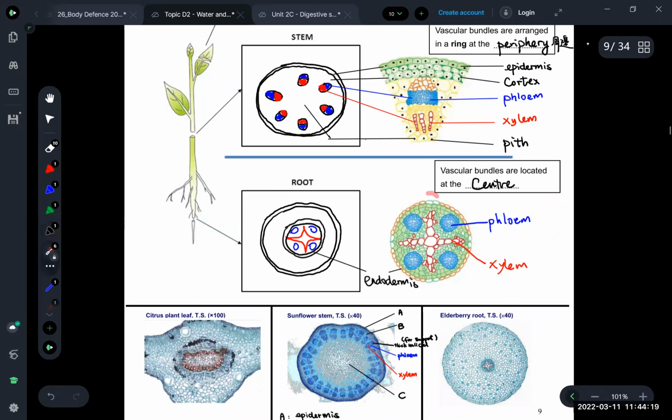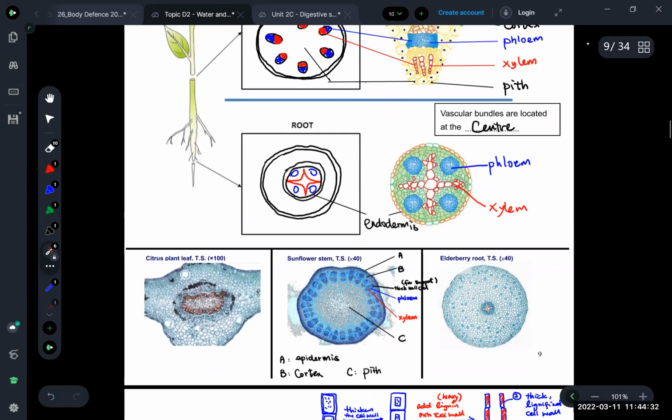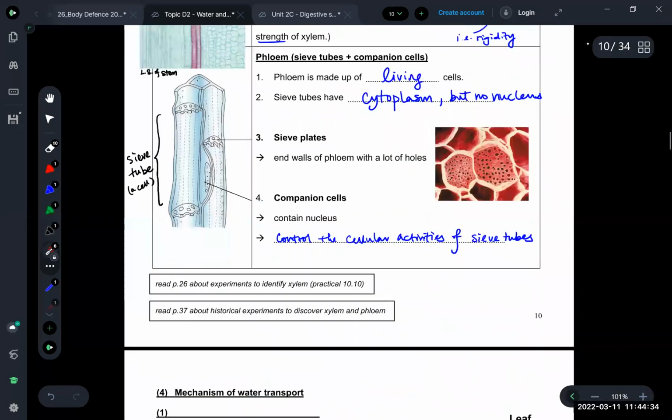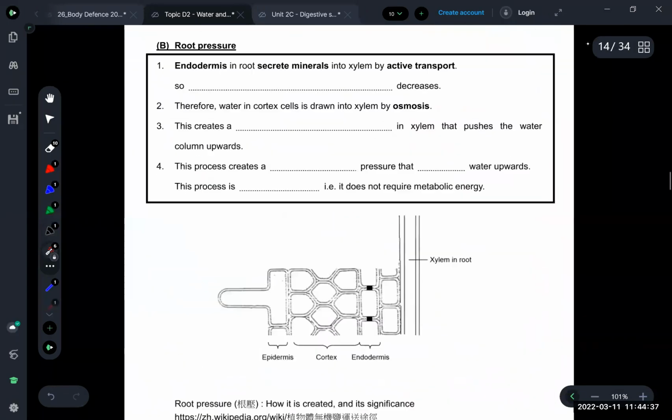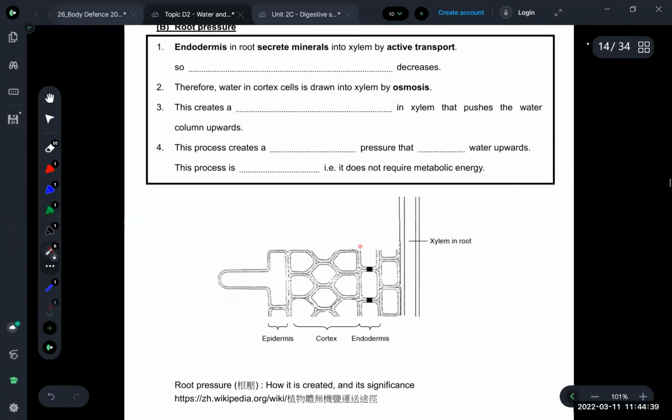So this picture only shows the vascular bundle. And you can see that in the root, the vascular bundle is surrounded by an endodermis. This layer is special because it carries out two jobs. One of the jobs that we mentioned here is that it actively secretes minerals into the xylem by active transport.